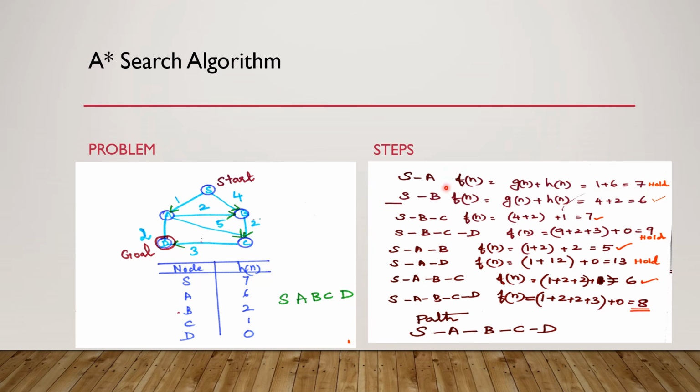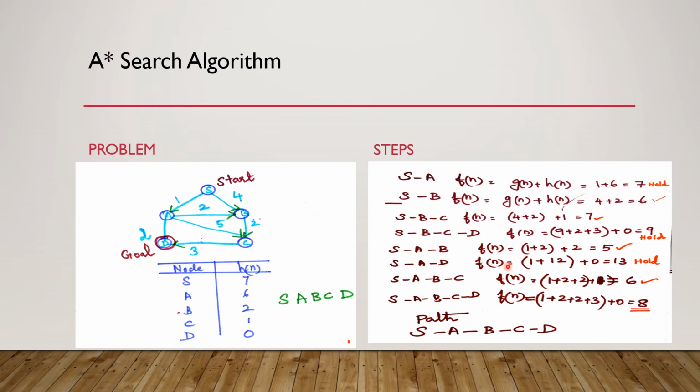So next I am expanding S to A. So S to A to B and S to A to D. These two possibilities are there. Then we can consider both cases and calculate the f of n value.